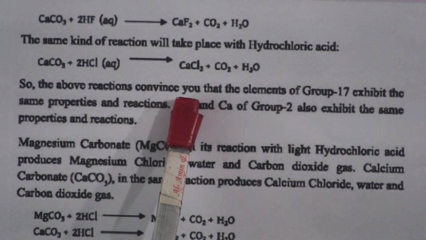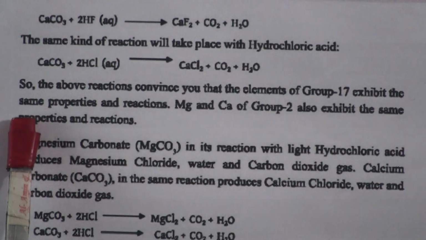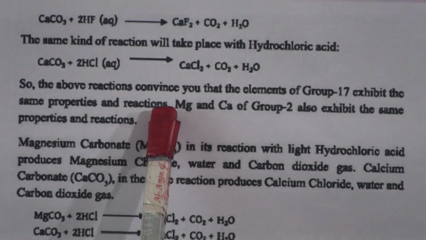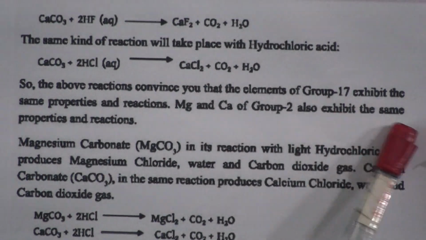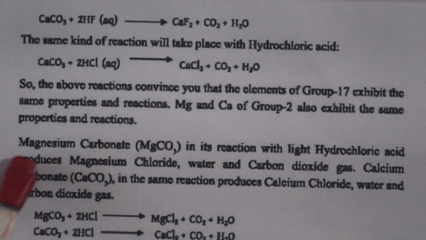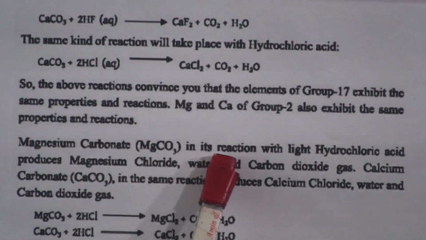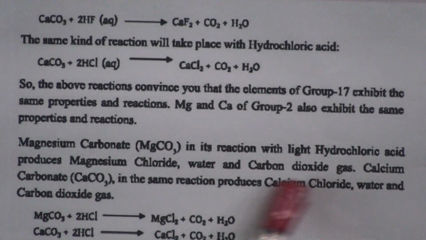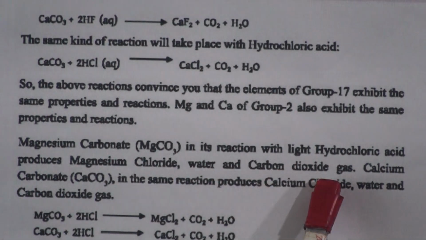So the above reactions convince you that the elements of group 17 exhibit the same properties, and magnesium and calcium of group 2 also exhibit the same properties. Magnesium carbonate in its reaction with dilute hydrochloric acid produces magnesium chloride, water and carbon dioxide gas.